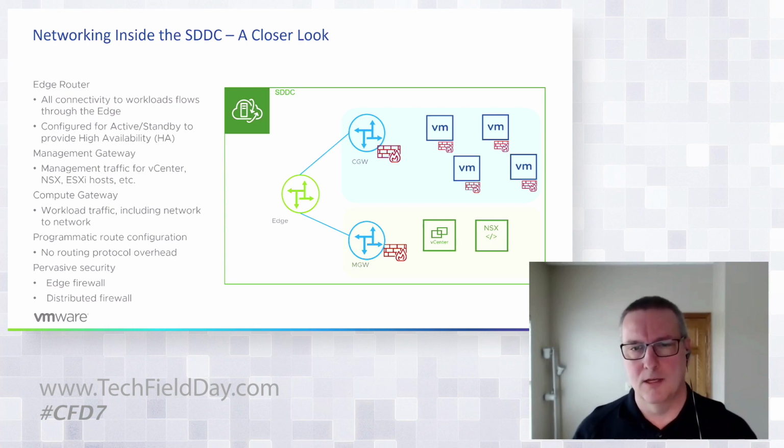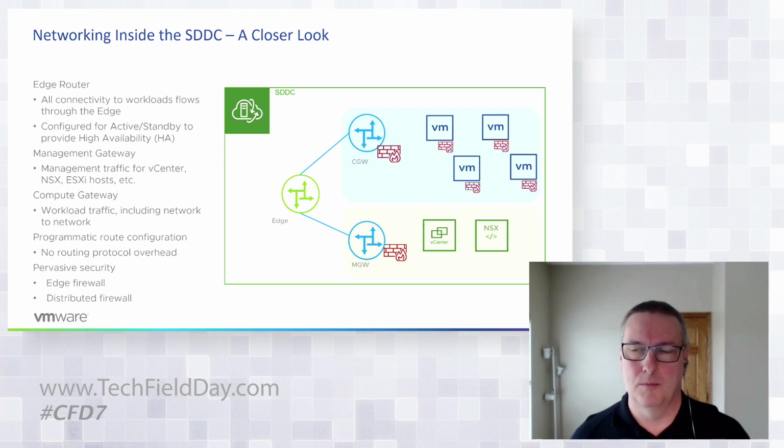It all goes back together at the edge, and then that edge has a myriad of options that we'll go through, I promise, that talk about how we get back into our on-premises data center or even to another SDDC, right? Maybe I've got multiple SDDCs. One of the things I think is interesting about the approach that we've taken is we're trying to simplify the networking experience for customers.